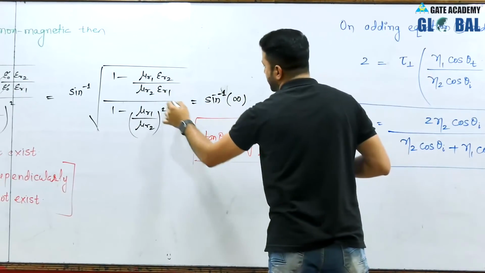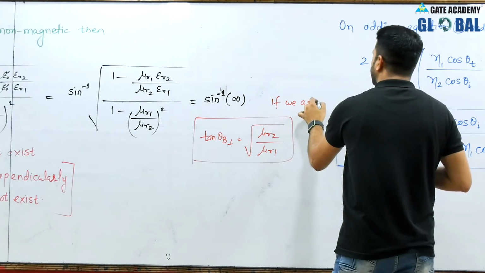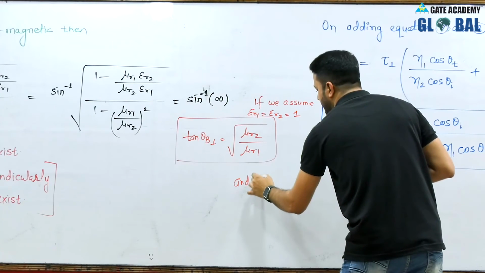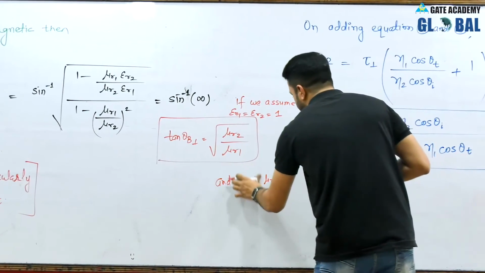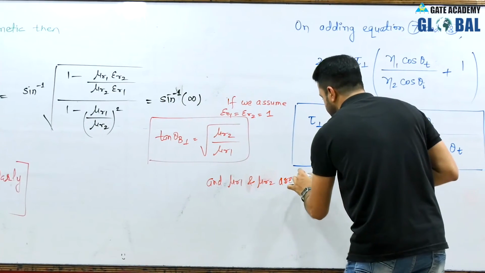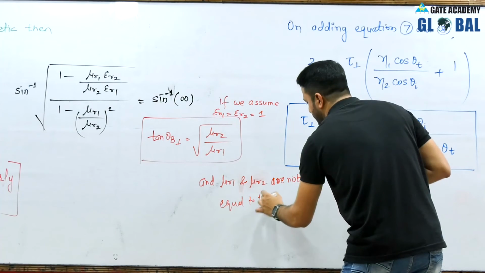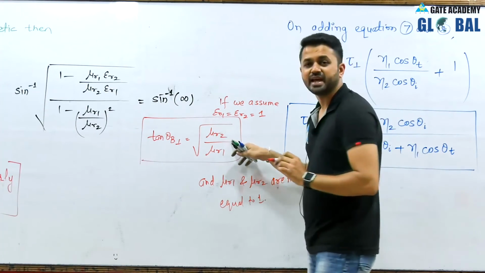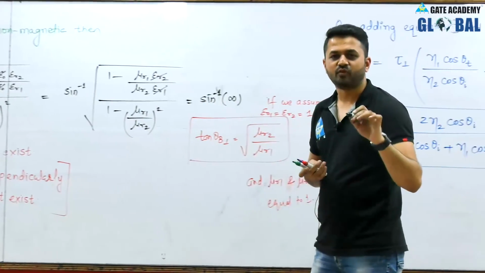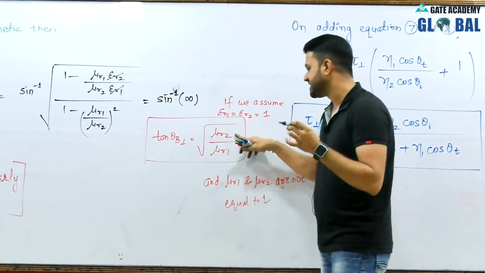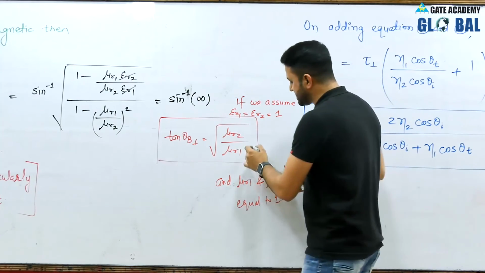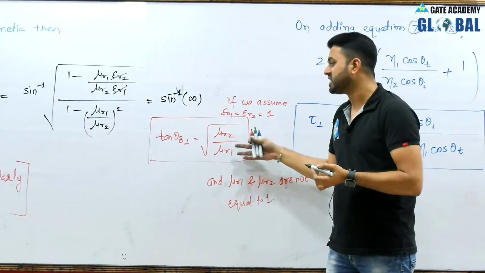We can get this if we assume epsilon r1 equal to epsilon r2 equal to 1 and mu r1 and mu r2 are not equal to 1 and not equal to each other. Then the same calculation we did for the parallel polarized wave, in the end gives epsilon r2 upon epsilon r1 for parallel polarized, and mu r2 upon mu r1 for perpendicular polarized, but this is not a practical value, so we can calculate it theoretically only.